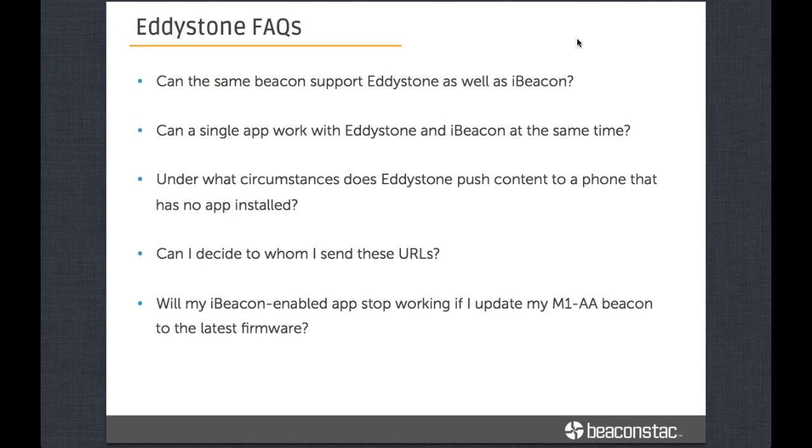But I know that in Beacon Stack we have a way of segmenting customers and being able to send URLs only to a specific group of them. Yes. How does that work? Oh, I'm glad you asked that question, Ravi, because it's something that we are actually very proud of. We have a concept called custom attributes in our platform that allows you to define a customer's profile using age, gender.